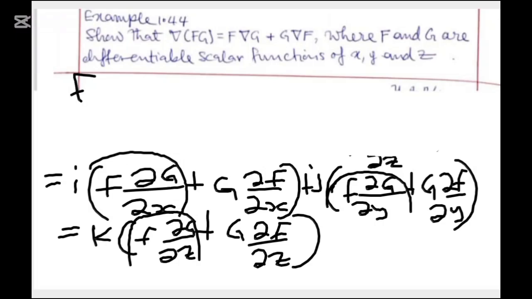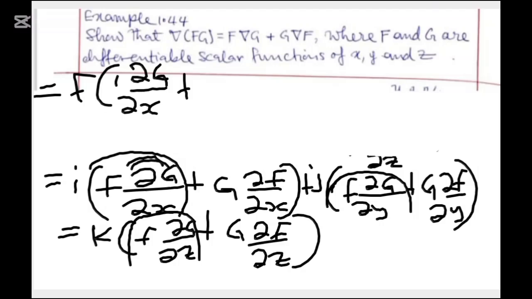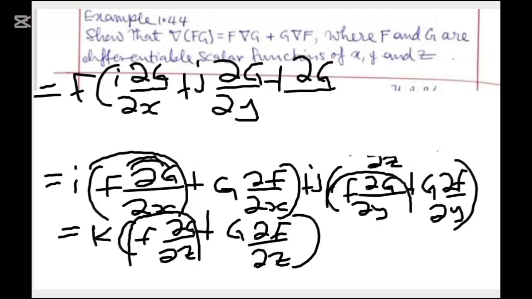So f should now be equal to, let's say, I have i, the first one, which is this, so I have to say d by this, also plus the second one, which is dg by dy, the partial of g by y. So this is i, this is j. So the partial of g by y plus the partial of g by z.